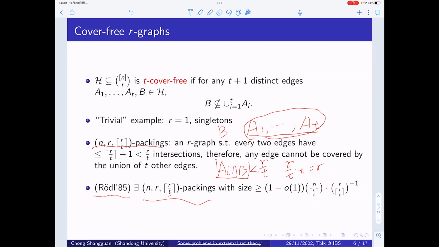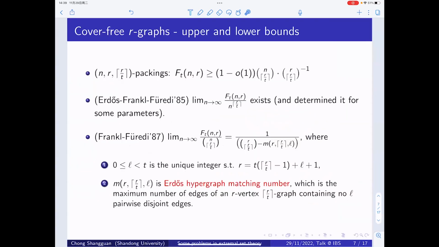So combine this observation and the lower bound of Rödl, we have such a lower bound on f_t(n, r), the maximum size of an n-vertex t-cover-free r-graph. Perhaps this lower bound motivates Erdős, Frankl, and Füredi to show that such a limit always exists.